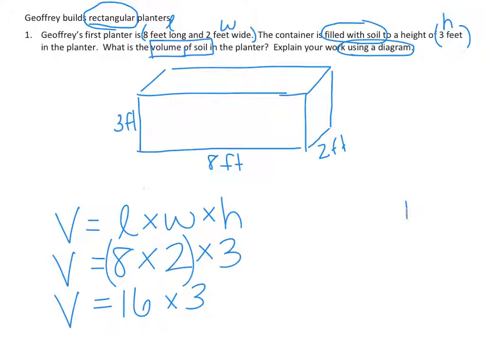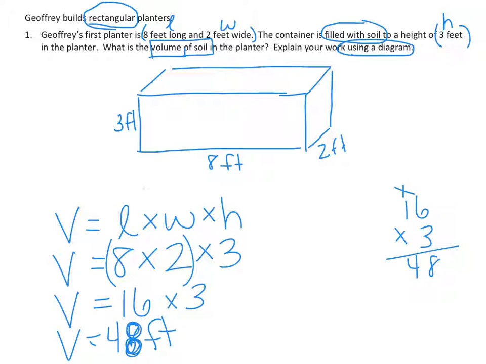Well, I have to do that over to the side because I don't know that off the top of my head. 3 times 6 is 18. Carry the 10. 3 times 1 is 3 plus 1 is 4. So volume is 48. Feet and volume, it's 3 dimensions, length, width, height, so it's cubic feet.